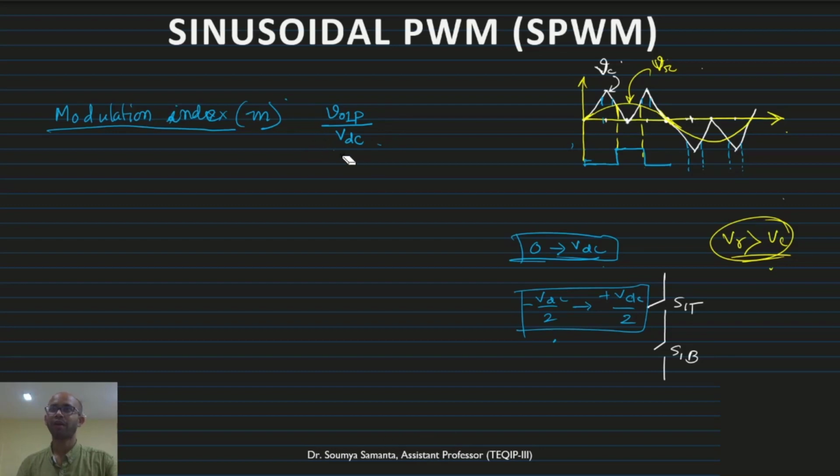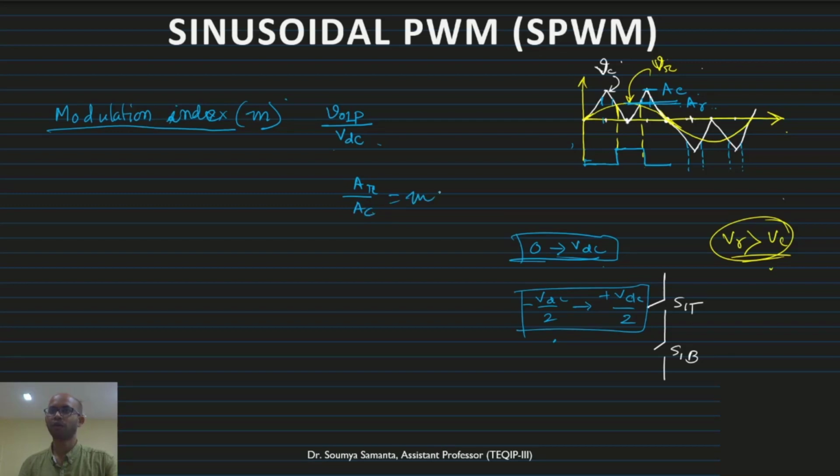There is another way we can find it. Suppose the peak value of the reference is VR and the peak value of the carrier is VC. Then we can find VR by VC, or with amplitudes, AR by AC, the amplitude of the reference peak value and the amplitude of the carrier.